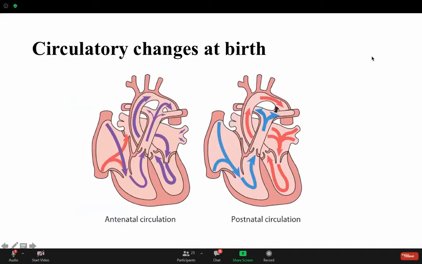مهم نتكلم عن circulation changes at birth. خلينا spend some time نتكلم كيف كان circulation antenatally يعني for fetus.